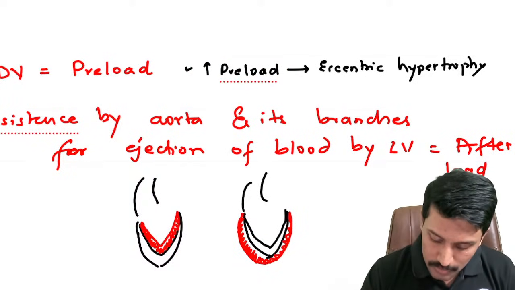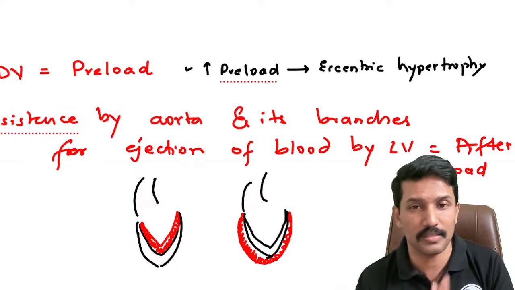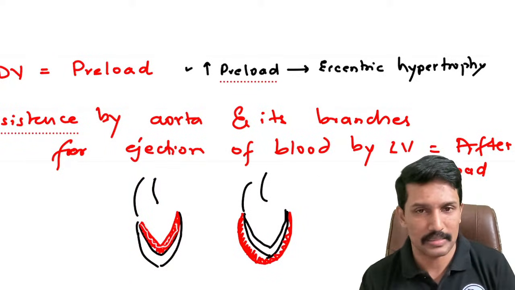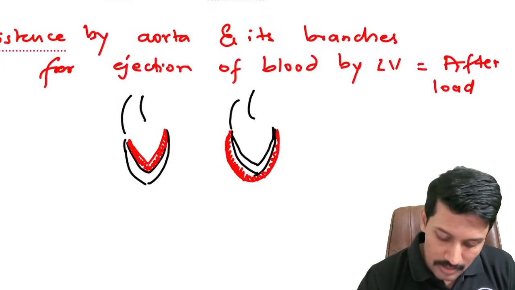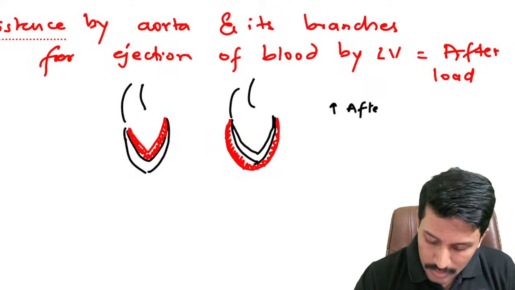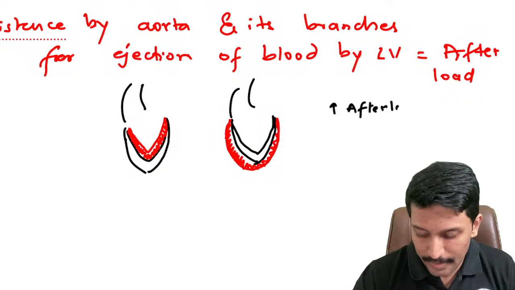But when the resistance by the aorta or its branches increases, I don't have a volume problem. So then I can add the muscle inside. So generally, when there is an increase in afterload, increased afterload leads to concentric hypertrophy.